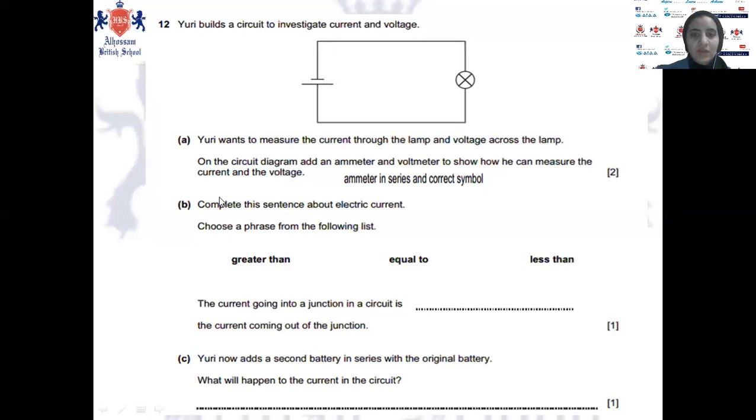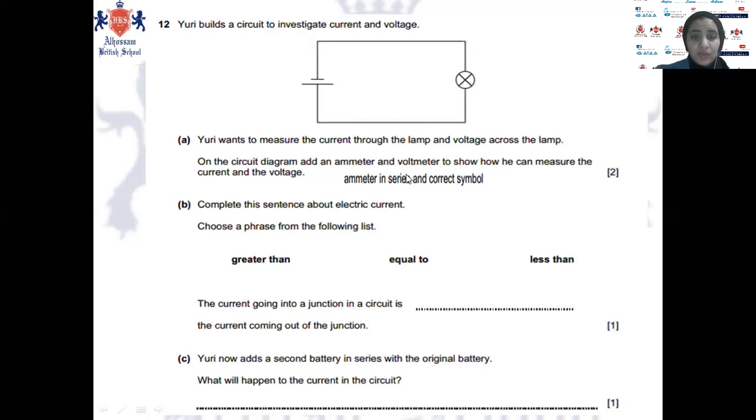You can add the ammeter at any position beside the cell, in a series way. Voltmeter, in front of the lamp.